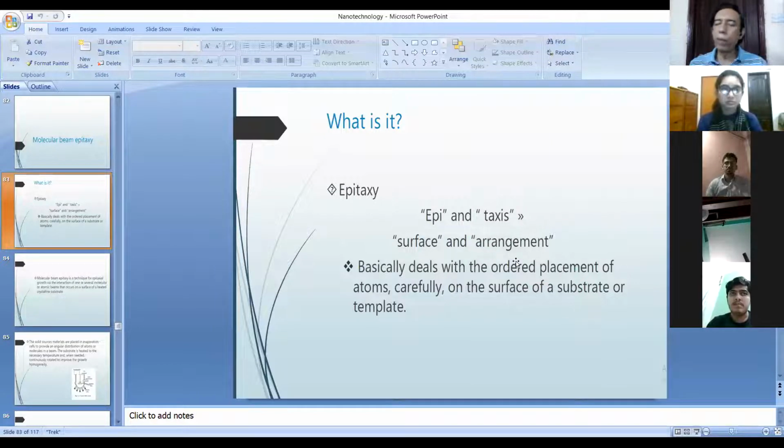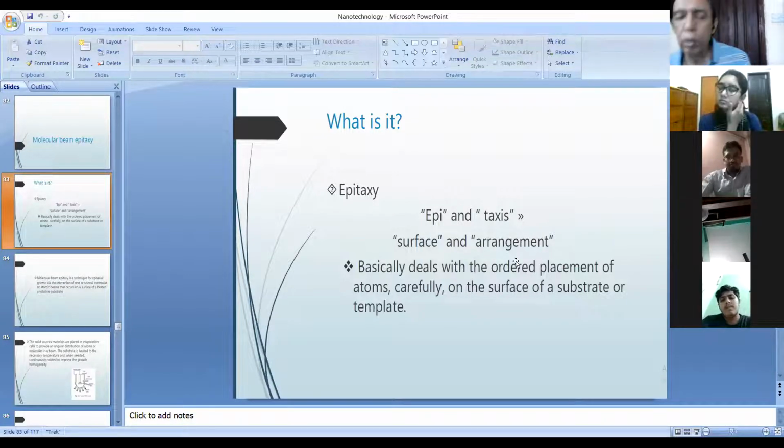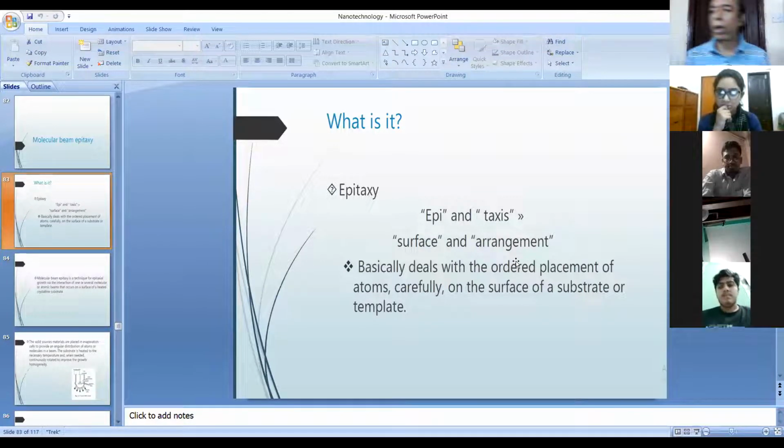So what is molecular beam? A beam of molecules. That is molecular beam. Now, this ordered crystalline growth of material is done by applying a molecular beam, so it is called molecular beam epitaxy.